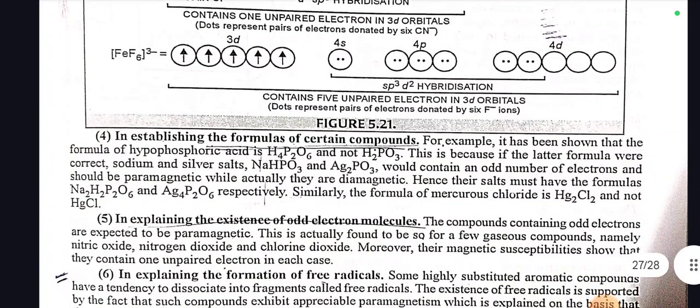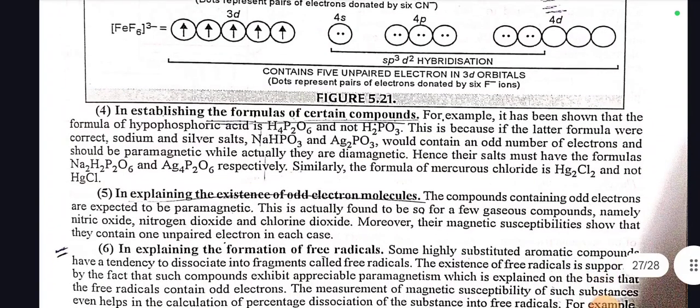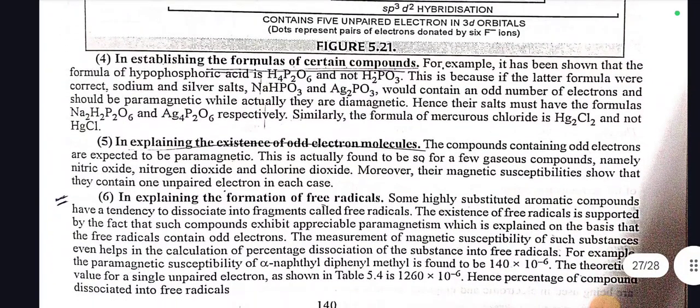Fourth, in establishing the formulas of certain compounds. For example, it has been shown that the formula of hypophosphoric acid is H4P2O6 and not H2PO3. This is because if the latter formula were correct, the sodium and silver salts, NaH2PO3 and Ag2PO3, would contain an odd number of electrons and should be paramagnetic, while actually they are diamagnetic.